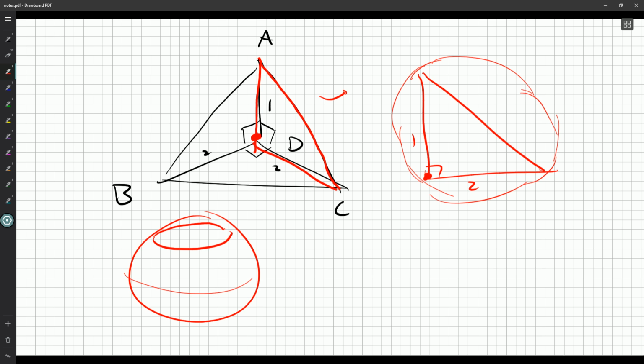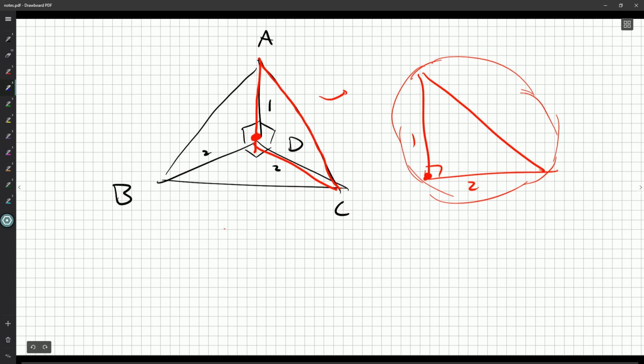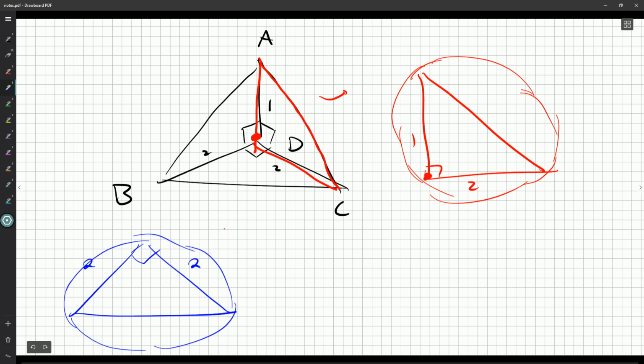So usually with a 3D geometry question, I turn things on sides and look at various side views. If we looked top down, for example, we would get A looks like it's on top of D. You get 2, 2, and the circle passes through these as well.